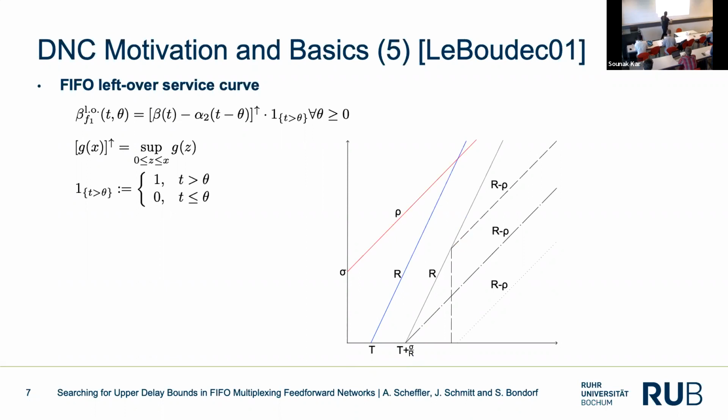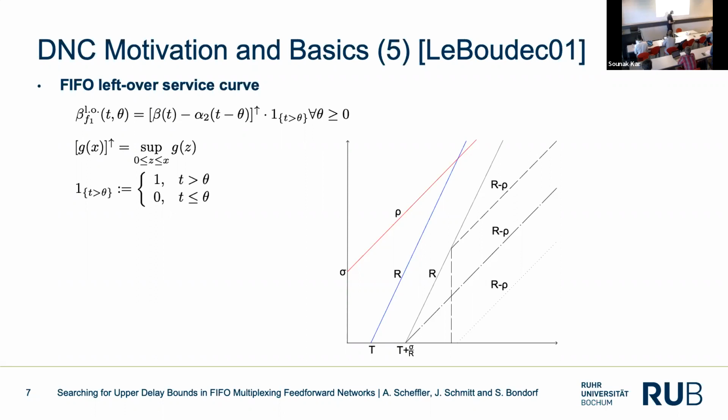Basically, we get an entire, infinite set of possible curves. They all have the residual rate here and they have some starting point.